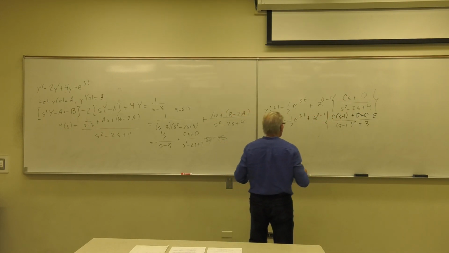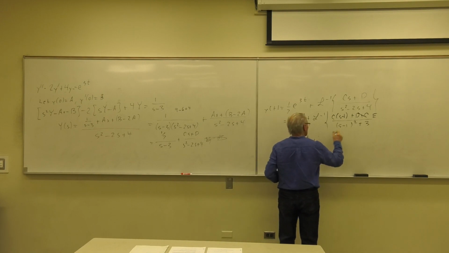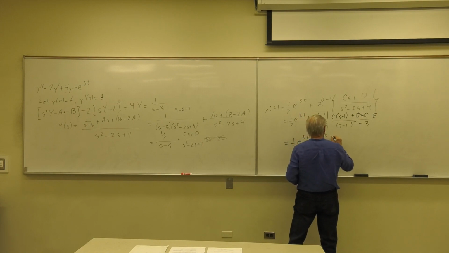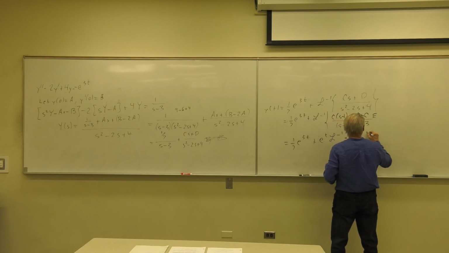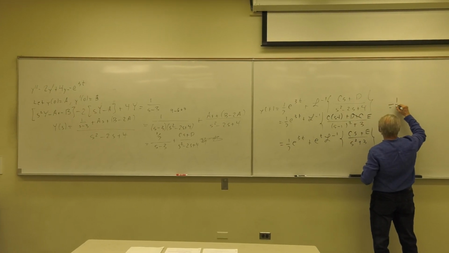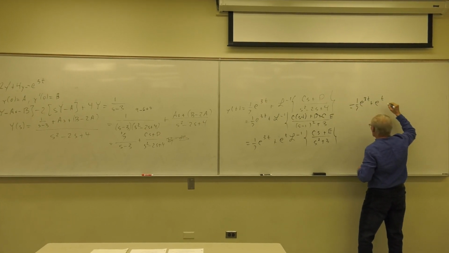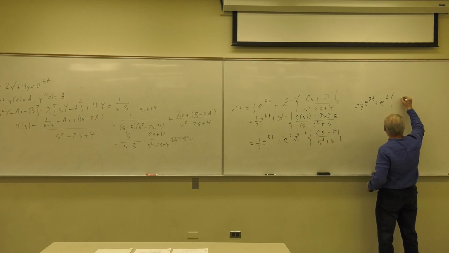So now, here we come, 1 over 7, e to the 3t. We get rid of the minus 1 by writing e to the t. Inverse transform of cs plus e over s squared plus 3. Getting there. All we have to do is this one now. 1 over 7, e to the 3t, e to the t, and the inverse transform. Cs over, that's a cosine.